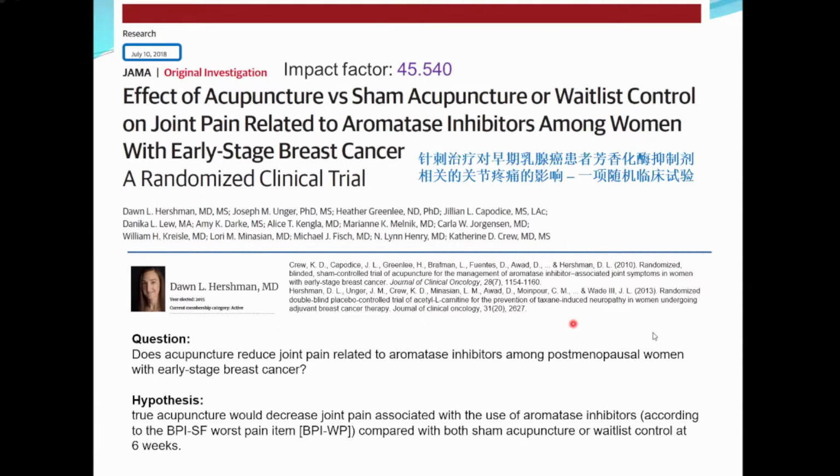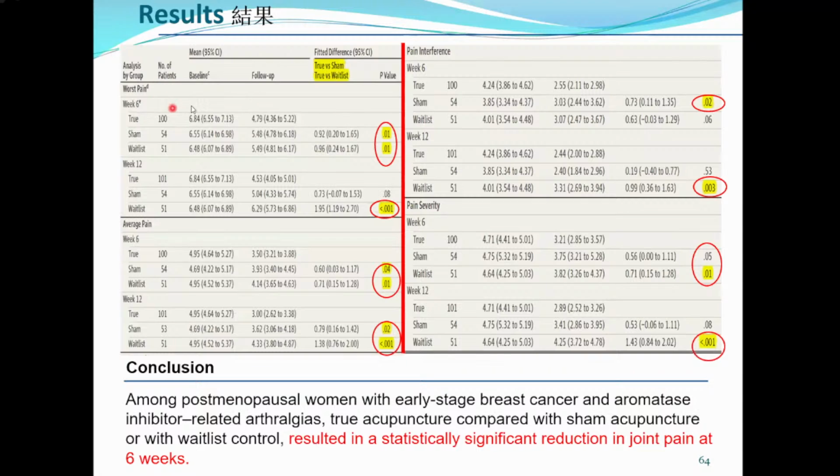The results show different aspects. The treatment at 6 weeks, right after treatment, then 12 weeks, which means after they finished the treatment, they followed up for another 6 weeks. For the worst pain, the average pain, pain interference, and pain severity, from different aspects of the pain, they're all significant.